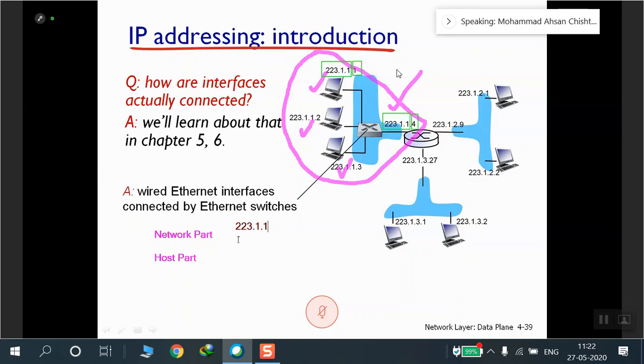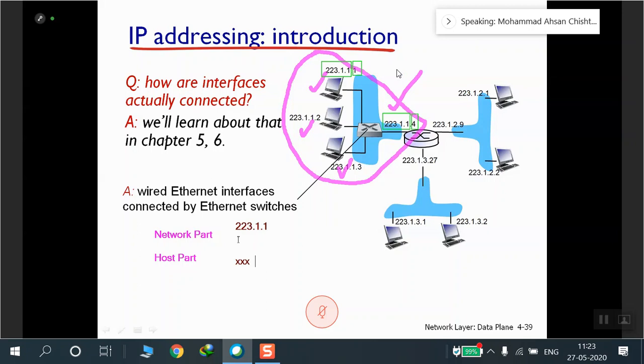The part 223.1.1 is the network part, and the remaining decimal, which I have denoted by XXX, denotes the host part. All the nodes within this network share the common leftmost 24 bits. This forms an IP network, or simply a network. The 24 bits they share are the network part.